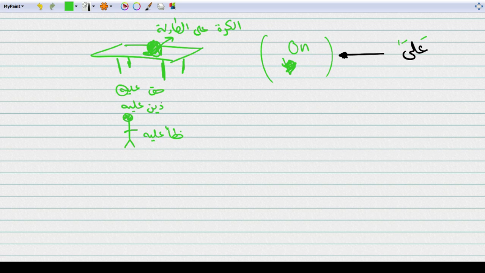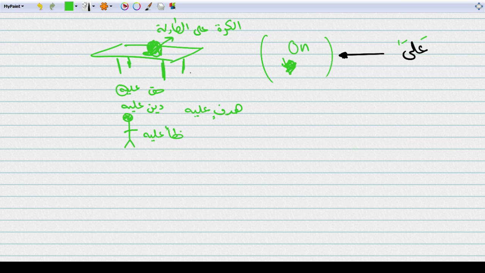So حق عليه, دين عليه, خطأ عليه, all these. Also, if you say هدف عليه, which means a goal on him, meaning that they scored on him. These are all ways of using ala.